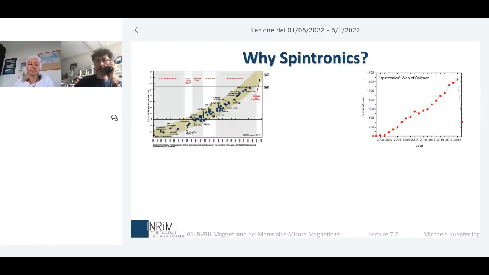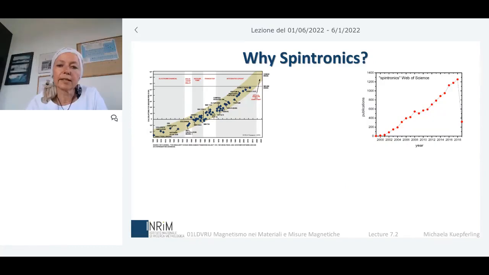And all this, I already mentioned, came from the fact that a new kind of electronics is kind of urgent, because the semiconductor industry, already for several years, is looking for new paradigms, because due to the limitation of Moore's law, we have to go into new directions.